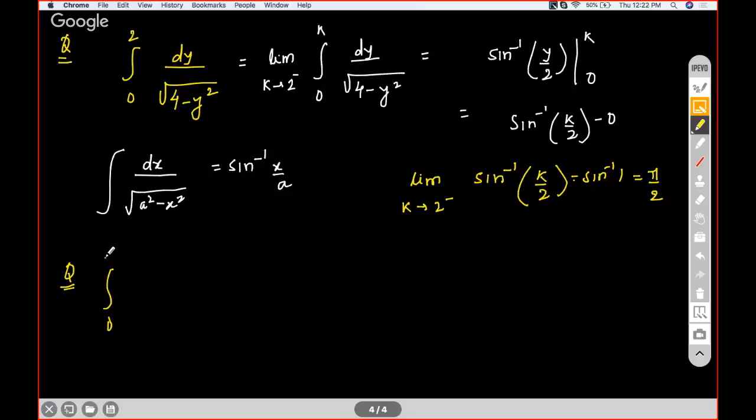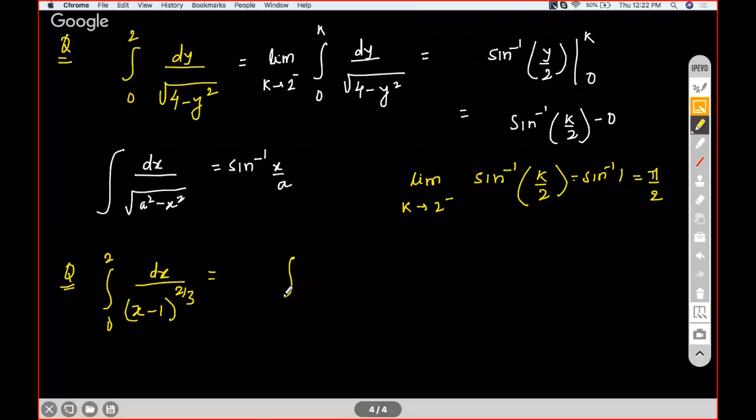Integral from 0 to 2 dx by x minus 1 to the power of 2 by 3. Now here the discontinuity is occurring somewhere in between 0 and 2. So how will you write this? There's a way to write it.